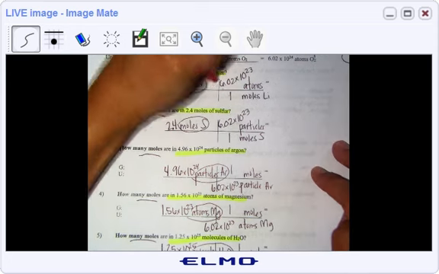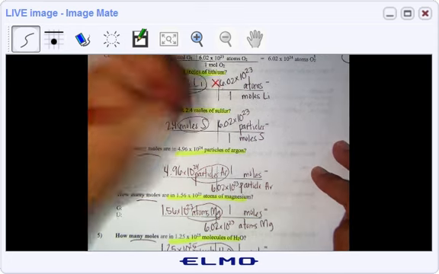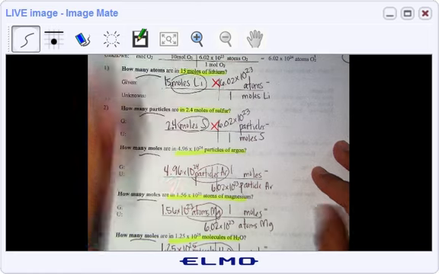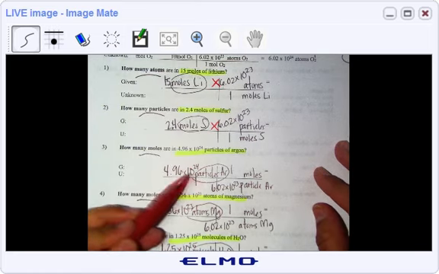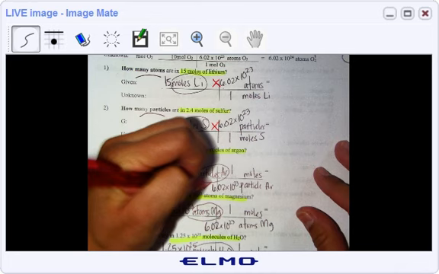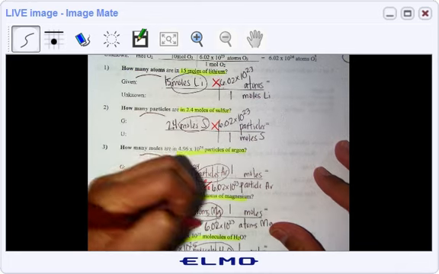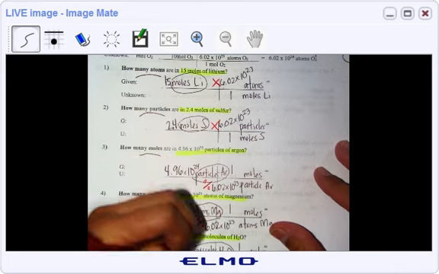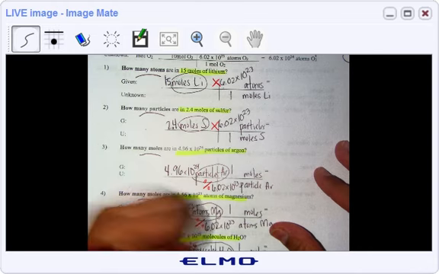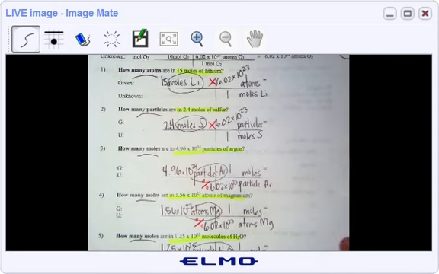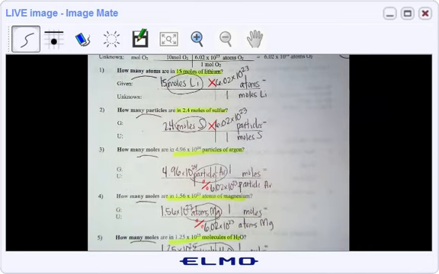Okay, if the two numbers are side by side, you multiply. If the two numbers are one on top and one on bottom, you divide. Now all we have to do is plug it into the calculator.